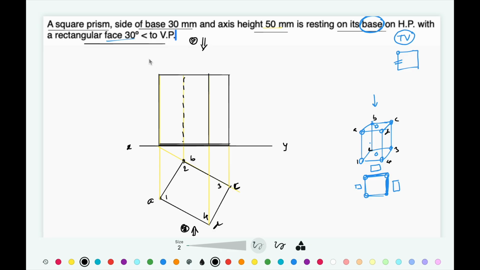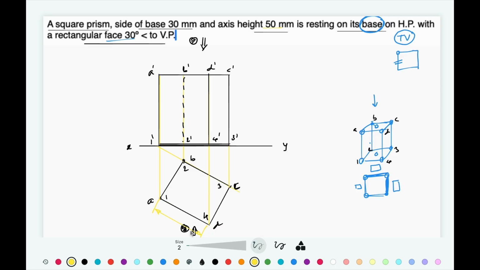Okay, and then provide the nomenclature. This is A dash, B dash, C dash, D dash, and this is 1 dash, 2 dash, 3 dash, and 4 dash. Okay, so finally provide dimensions.